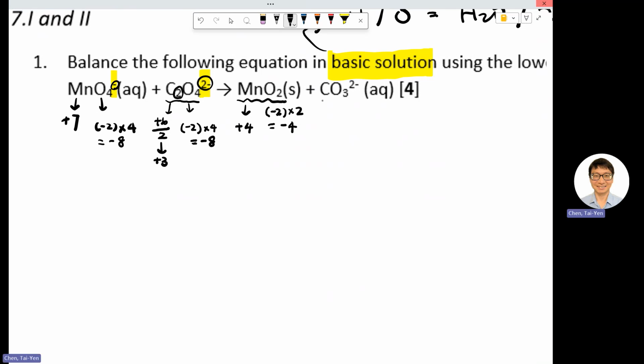The very last molecule is CO3 2-, with a total oxidation number of -2. You have 3 oxygens, so this is -6. In order to give a net charge of -2, the C needs to be +4. Let me highlight the oxidation numbers for all these species.